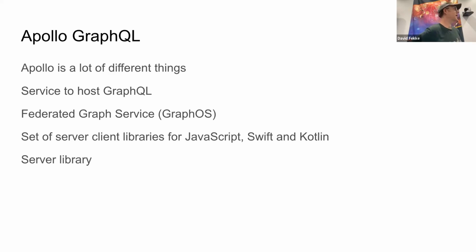But Apollo, the product, is actually a lot of different things. One of the things they have is something called a federated graph service. The idea there is that you can have multiple different graphs or GraphQL endpoints coming into your company, and then you can essentially combine them into a single graph.